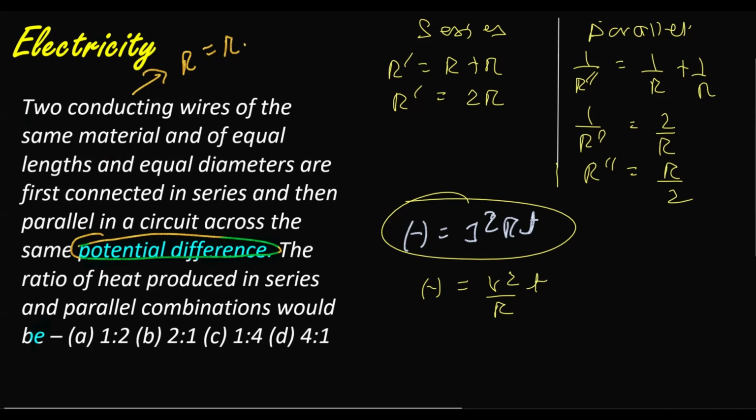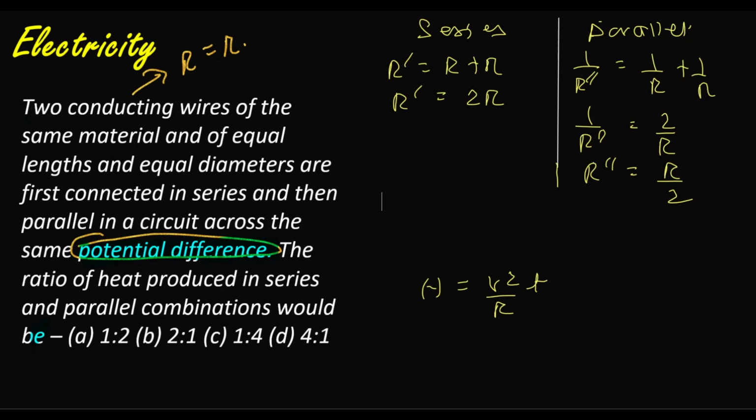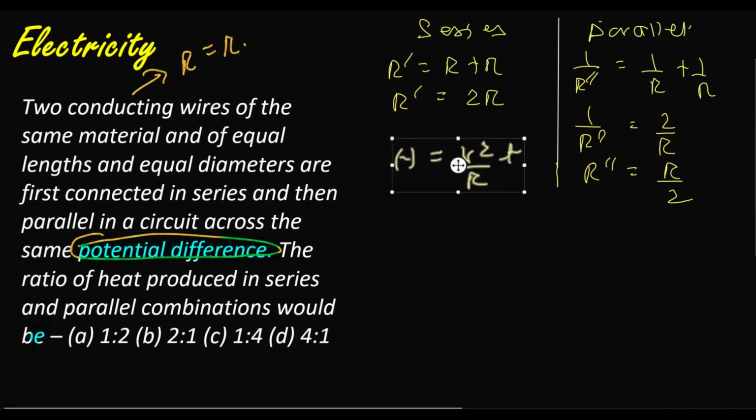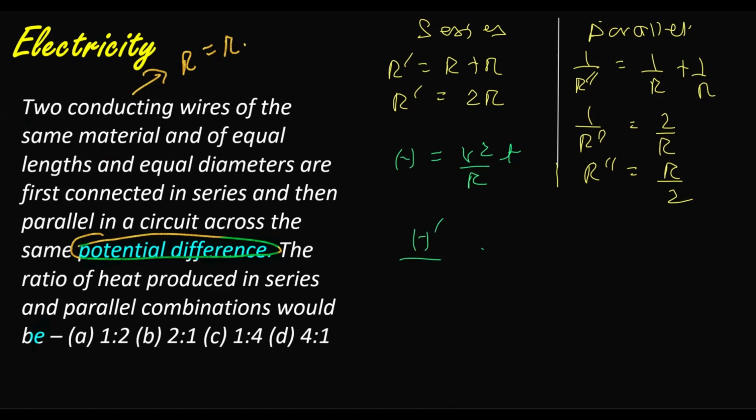Now if I obtain the ratio using this relation, we have to obtain H dash over H, where H dash stands for the series and the other for parallel. So V is same, I'll be writing V square, time is same, so T, and R will be R dash here.